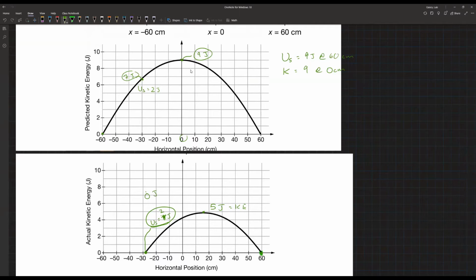But when we're at that position, we should have 2 joules of spring potential energy. And because the spring potential energy only depends on position, we know that whenever we're 30 centimeters off to the side, that's how much potential energy we have in our spring. We should have really 7 joules of kinetic energy, but we don't. And so we're short 7 joules.